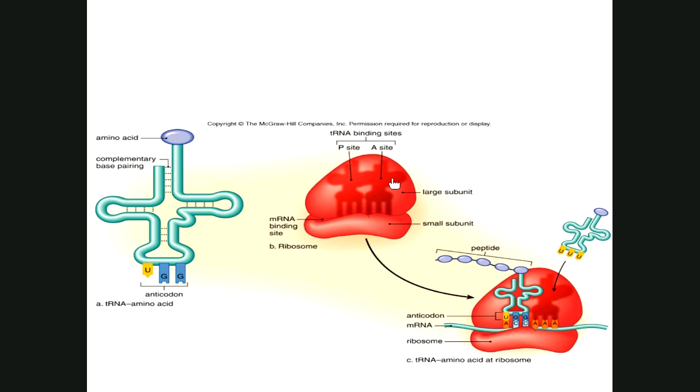That means through this A site, the tRNA entered into the ribosome. And when this tRNA enter into this ribosome, each tRNA carry one amino acid on its head. You can see in the picture, one tRNA enter and it bring one amino acid on its head. So in which site they enter?